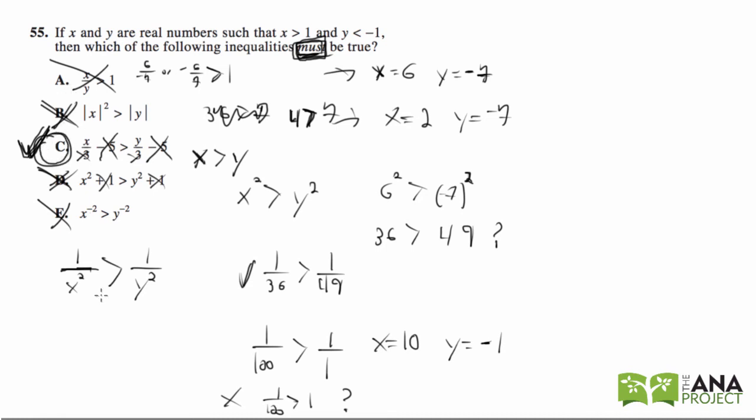When we see variables in the answer choices, we can use this strategy. We'll do some more of these problems, but again, 55 is a good example, whether you're really good at math or not so good at math, where this picking numbers and plugging in strategy definitely helps. I'll see you in the next video.